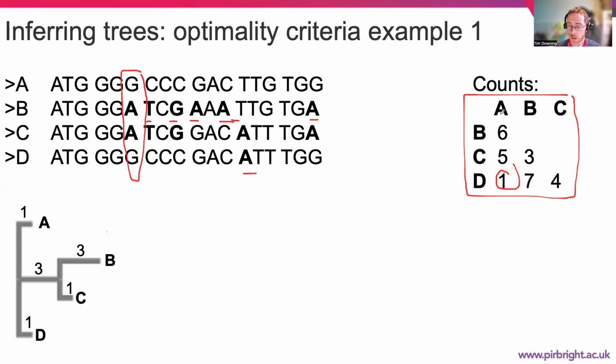And therefore, when we look at A and B and C and D, when constructing a tree, we're essentially placing these mutations on these different trees.